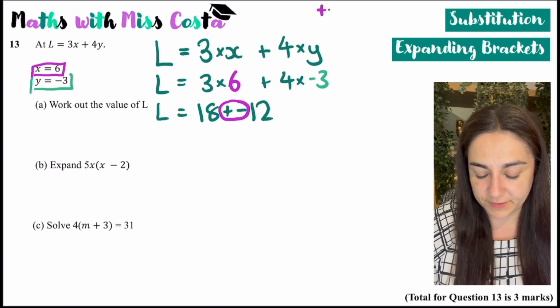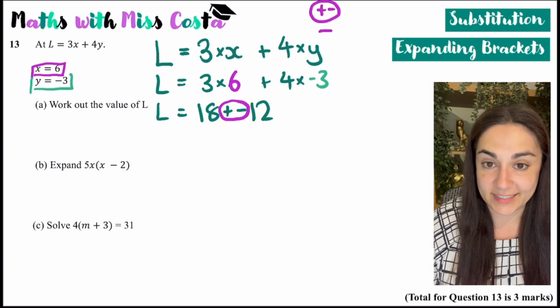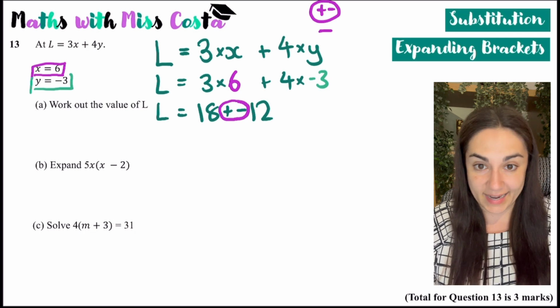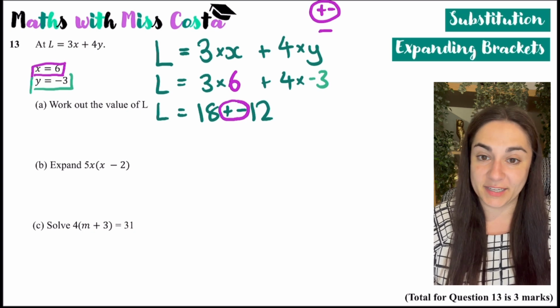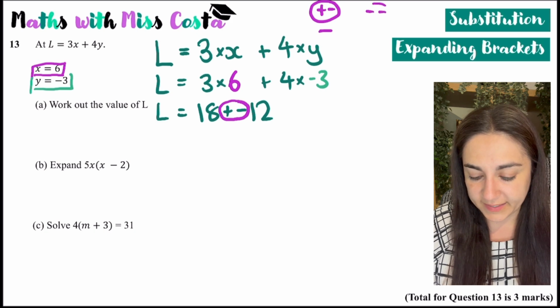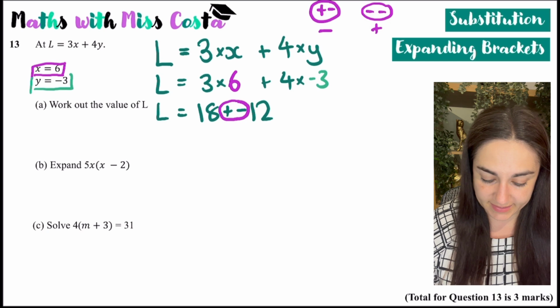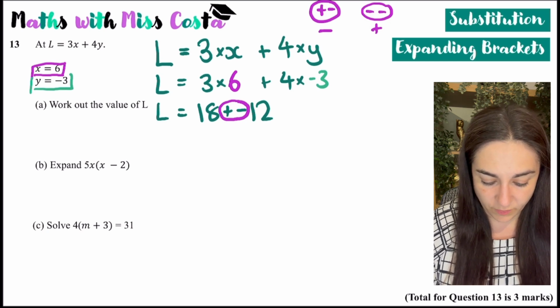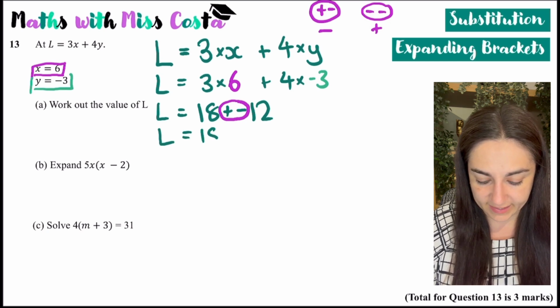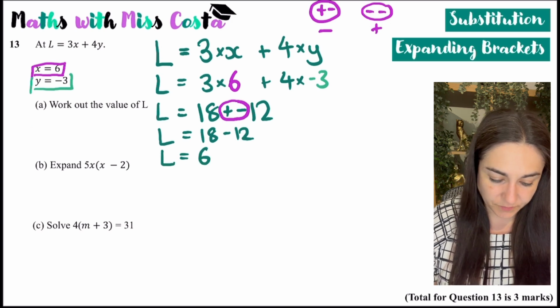Whenever you've got a positive and a negative next to each other, they always rewrite to make a negative, because adding a negative is the same as subtracting. So if the signs next to each other are the same, you're adding. If they're different, you're subtracting. So in this case, I would rewrite this as 18 minus 12. So therefore, L equals 6.